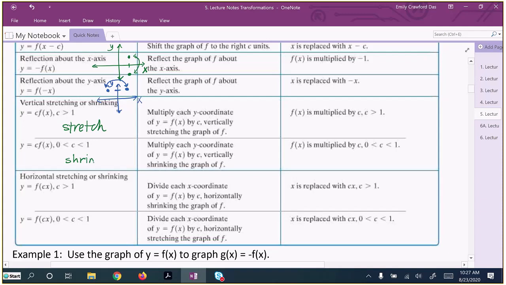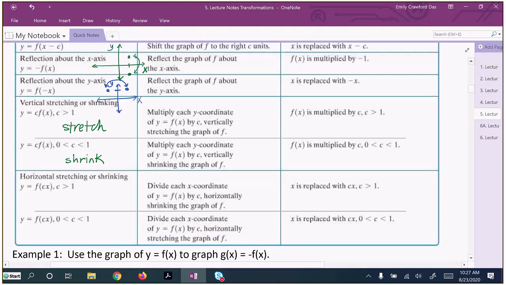So that, again, is pretty intuitive. If we have a number larger than 1 and we multiply all of the y-coordinates of the function by that multiple, the function gets stretched vertically, whereas if we have a number between 0 and 1 and we multiply, the function gets shrunk vertically.